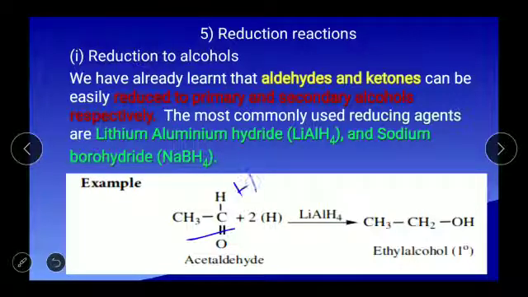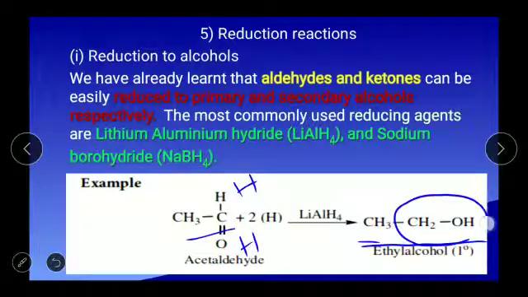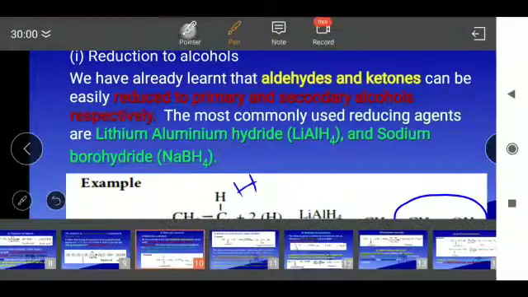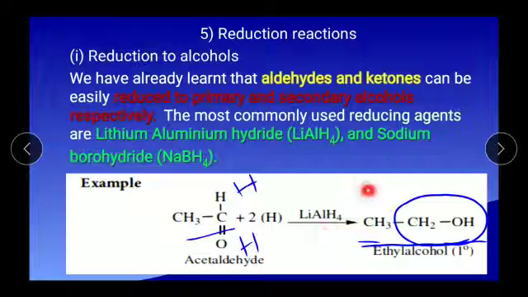So we have CH3CH2OH. As the OH group is attached to CH2, it is a primary alcohol. So we know the aldehydes undergo reduction and give primary alcohol.